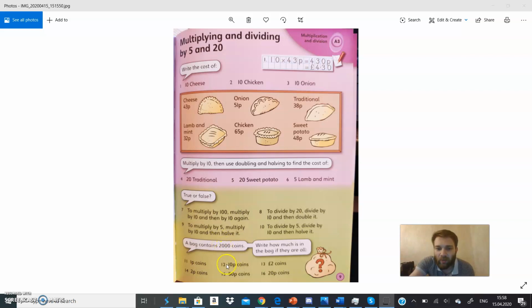So to do that, the number at the start there, so 1, multiply by 2, and then plus all of the zeros. So for example, £2, if all of them were £2 coins, 2 multiplied by 2 is 4, plus the 3 zeros, so that one will be £4,000.